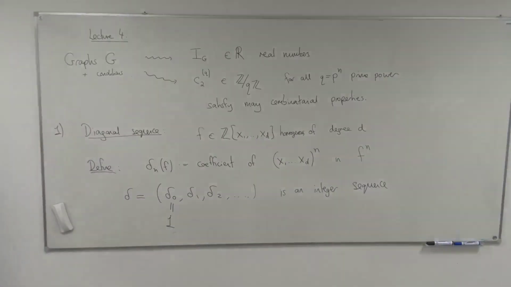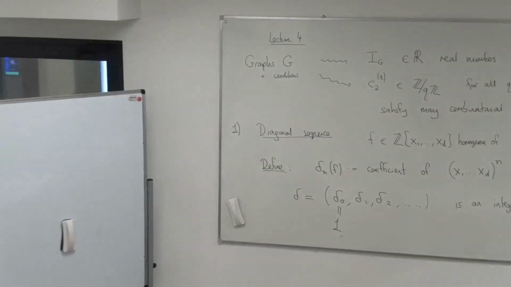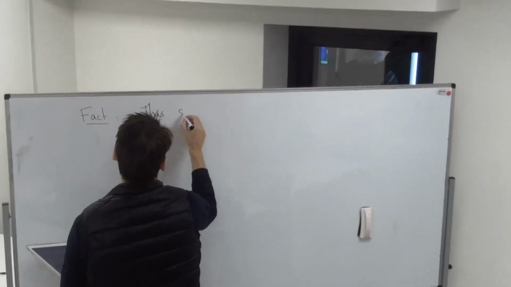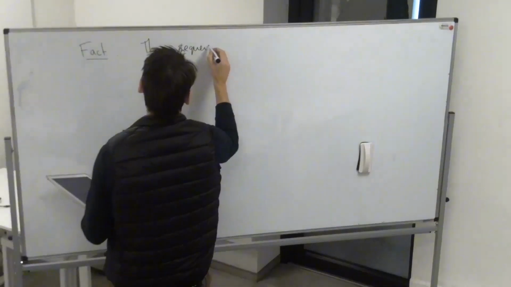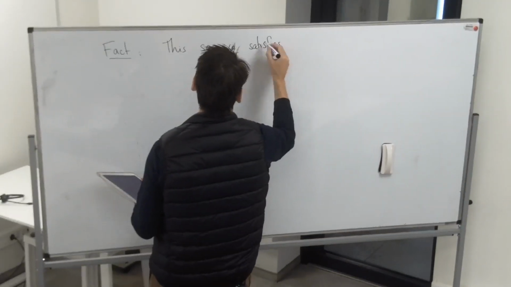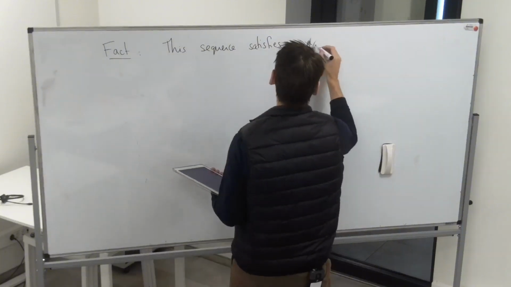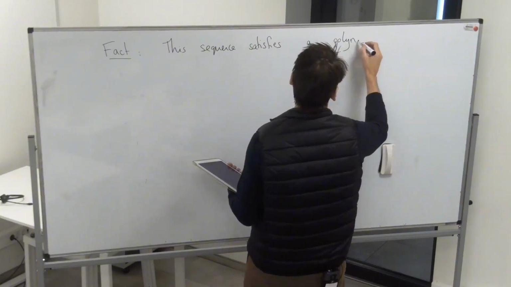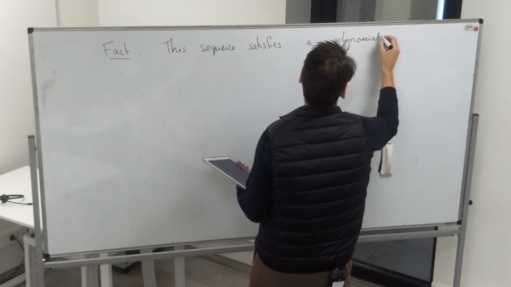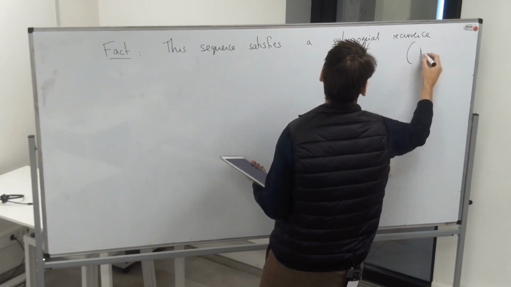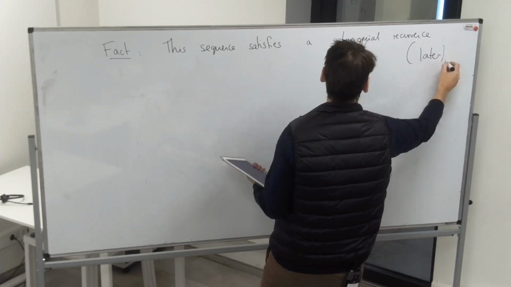A fact which I'll be more precise about later, but for now it is enough to know that this sequence satisfies a polynomial recurrence, like I mentioned in the first lecture. So we'll come back to this later.